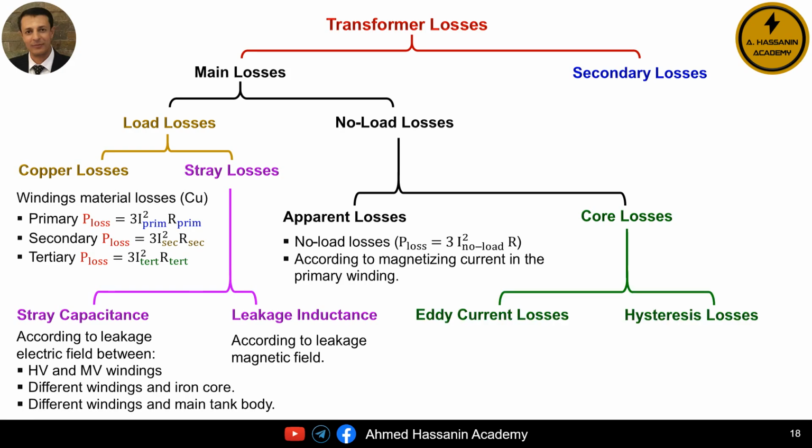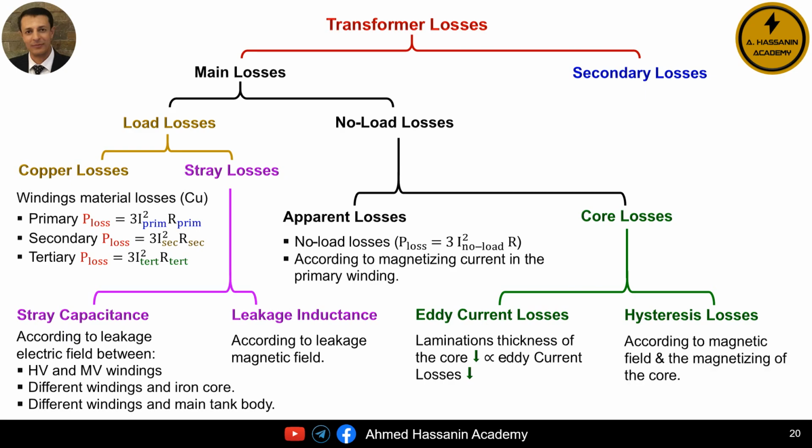However, with regard to the iron core losses, they consist of eddy current losses and hysteresis losses. Of course, the most important factor affecting eddy current losses is the thickness of the iron core laminations. However, hysteresis losses result from the magnetic field and the magnetization process of the iron core.